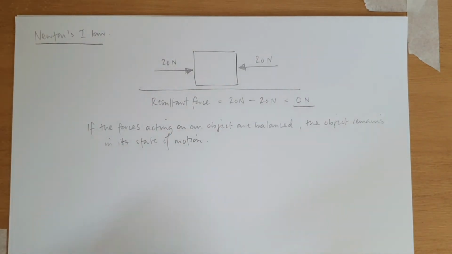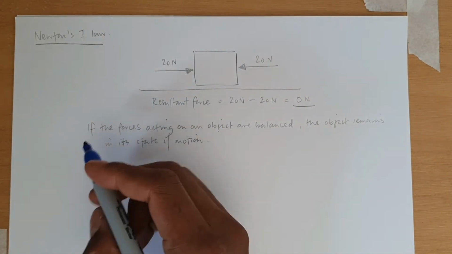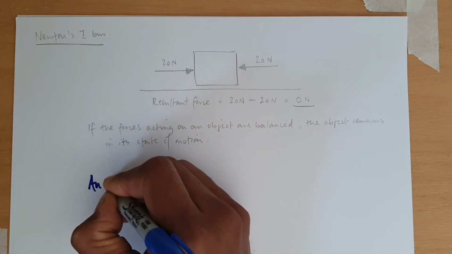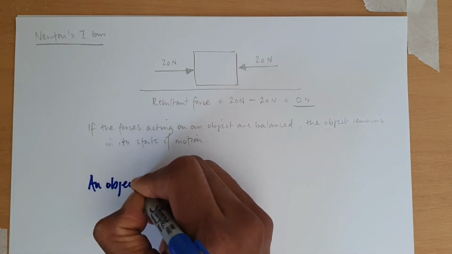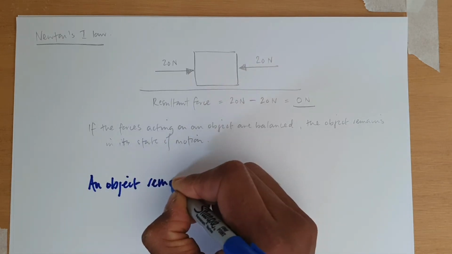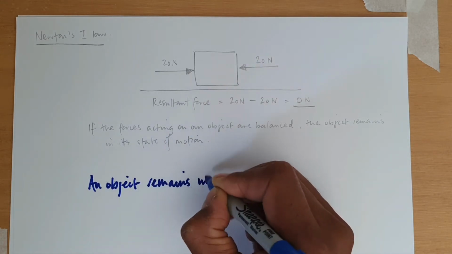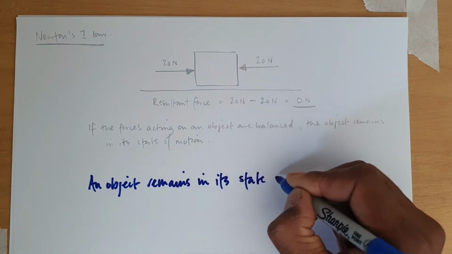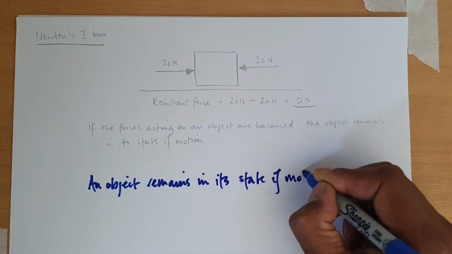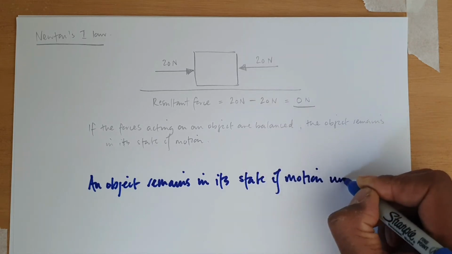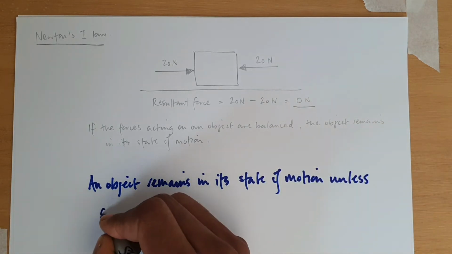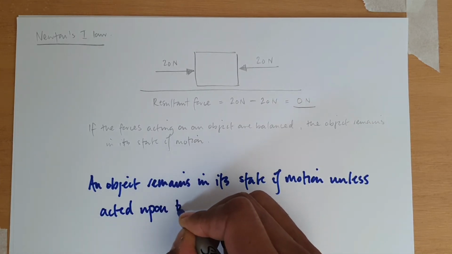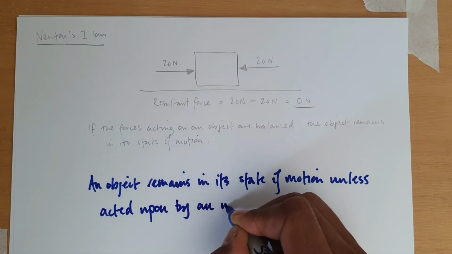But the real way that they write this, and the way that you'll probably see it, is: an object remains in its state of motion unless acted upon by an unbalanced force.